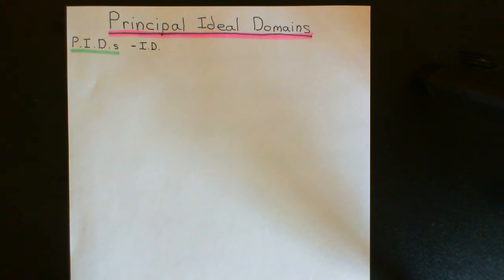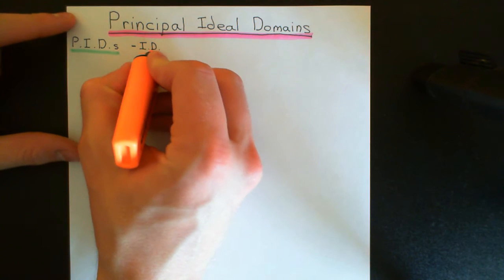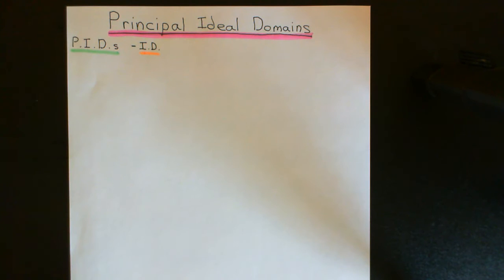Remember, an integral domain is a non-zero commutative ring, so it's not allowed to be the zero ring, and it needs to be a commutative ring, which also obeys the important integral domain property: if you take two non-zero elements in your non-zero commutative ring and multiply them together, you must end up with another element which is non-zero. So the answer will not equal 0 if you multiply two non-zero elements together.